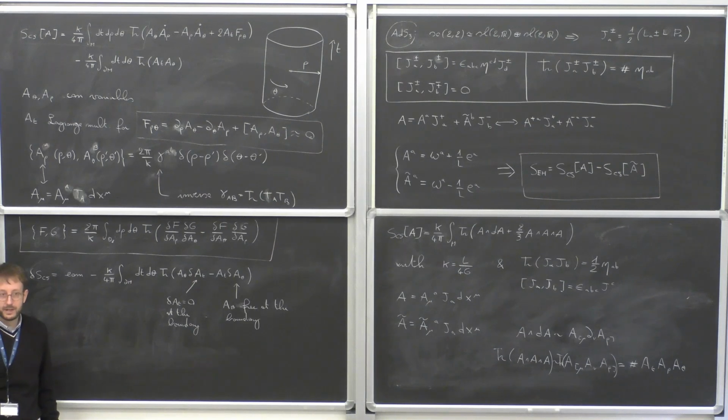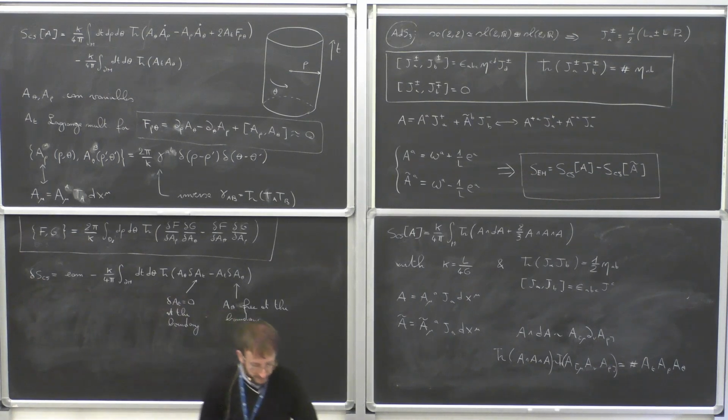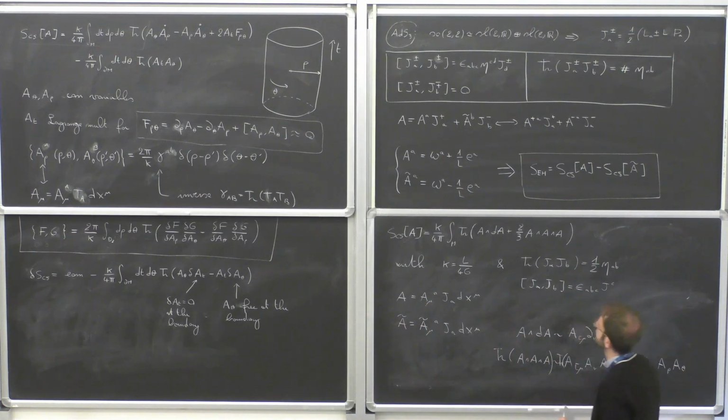So A_t is a Lagrange multiplier. Its boundary value is a parameter in the theory. Okay, so now what I keep, that one I keep. I can erase this one.